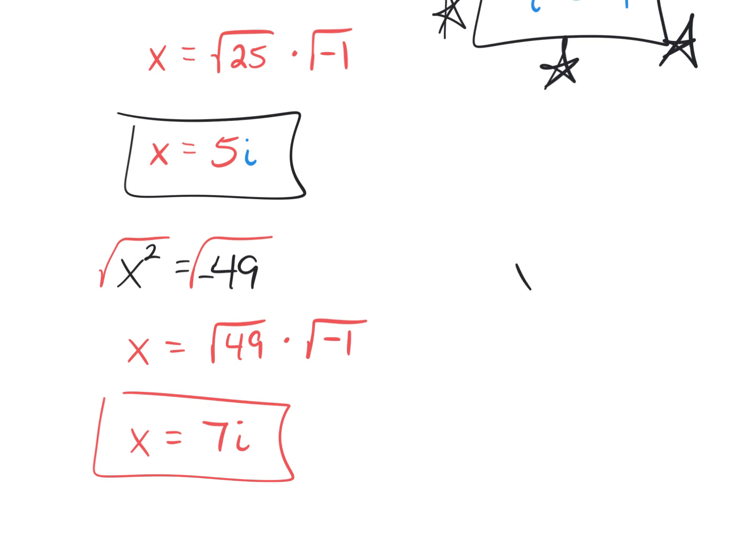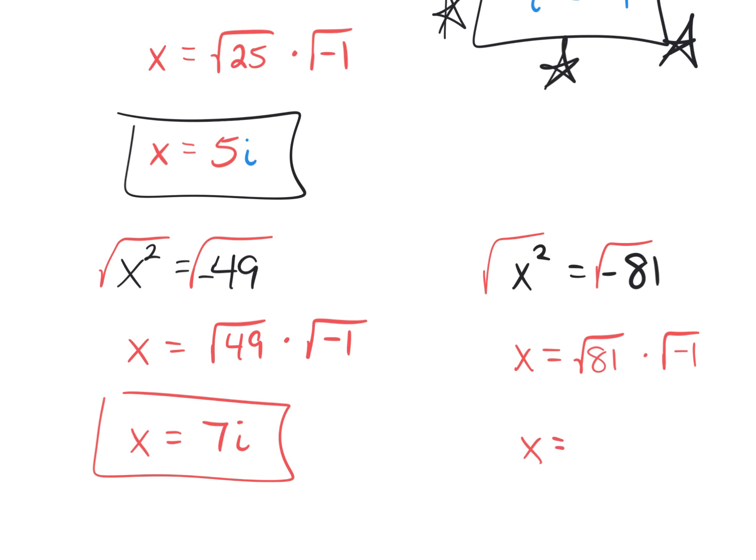Let's do another one. If I have x squared equals negative 81, how do I solve this? Take the square root, right? So how can I split that up since we have a negative in there? The square root of 81 times the square root of negative 1.